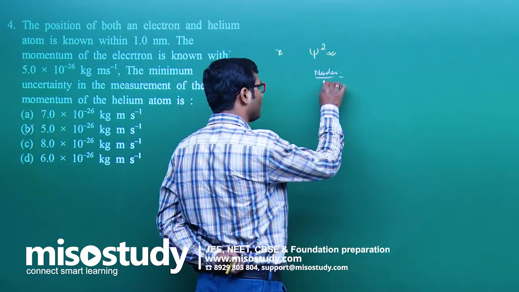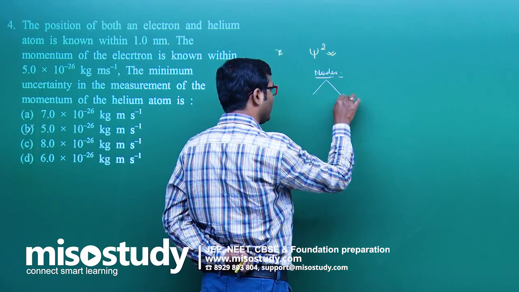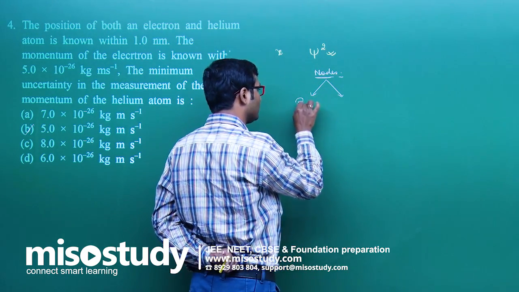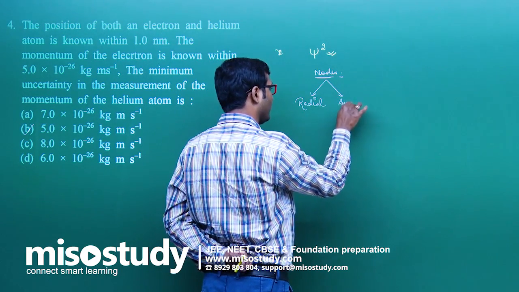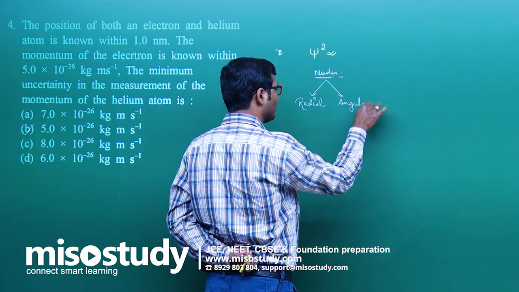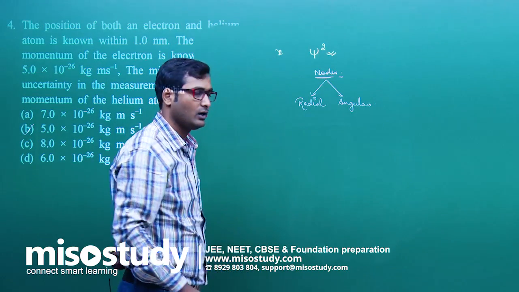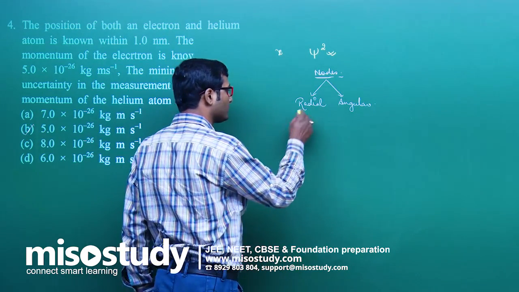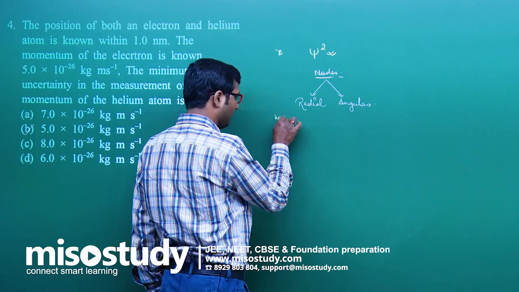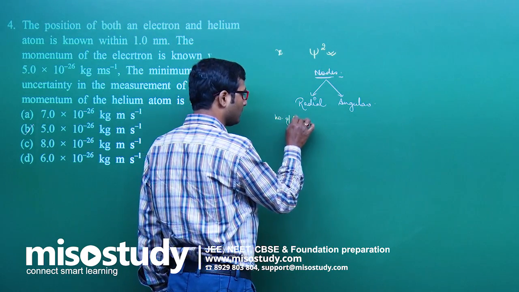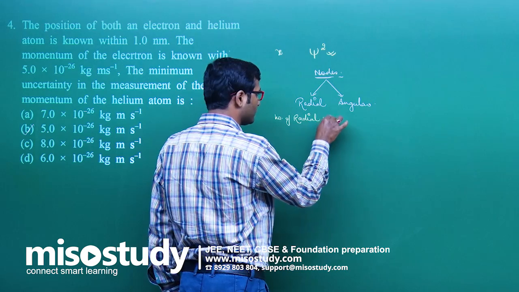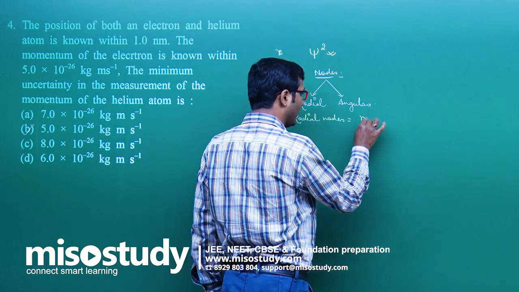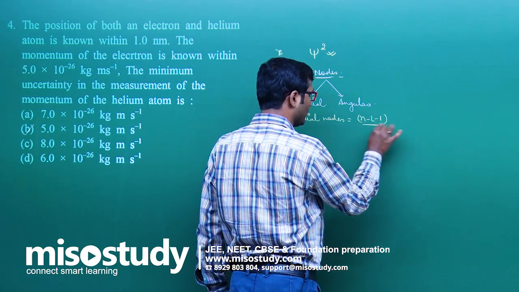And there are two types of nodes we know, that is radial nodes and angular nodes. Radial node is also known as spherical node. What is the number of radial nodes? Maximum number of questions are on the number of radial nodes, that will be equal to n minus l minus 1.